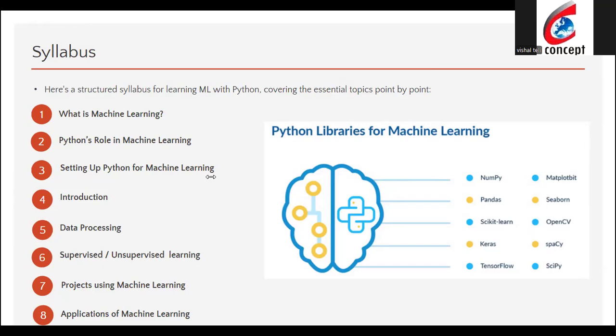In that, we'll be learning how to clean the data, handling missing values, feature scaling. Then supervised learning, in that we'll be learning regression and classification. Then unsupervised learning, clustering, dimensionality reduction, and model evaluation. In that we'll be learning accuracy, error metrics, tuning models.